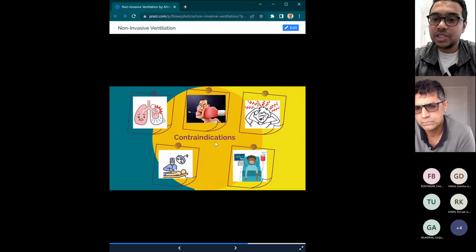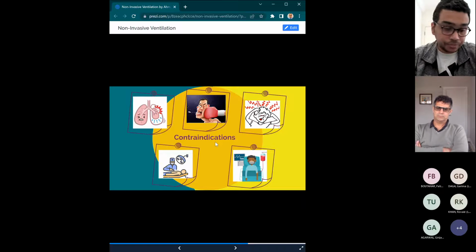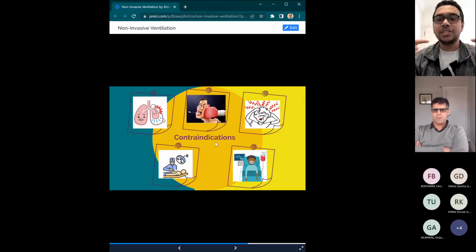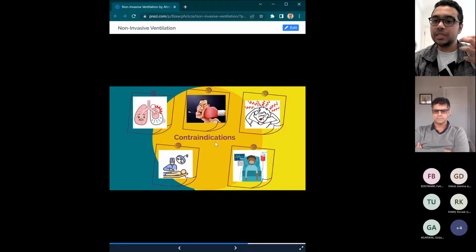And low GCS patients. So non-invasive ventilation is mainly offering a bit of support for patients who are spontaneously breathing. If your patient cannot maintain the airway, the airway is at risk, or the patient is hypoventilating, for example, a patient with TCA or opiates overdose, they will be hypoventilating, still spontaneously ventilating, but the amount of breathing they are achieving is not enough for them.